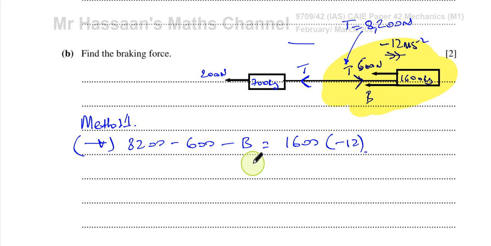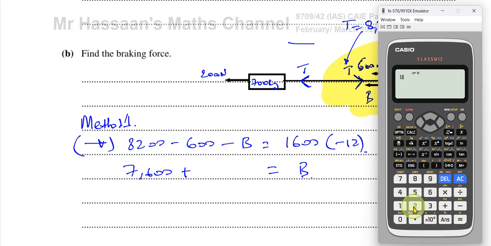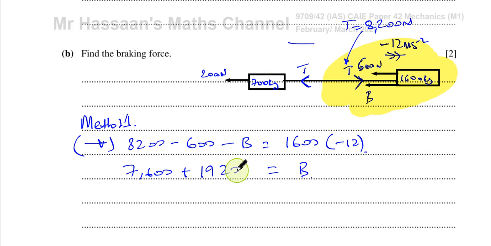As you can see, the only thing we don't know now is B. So we can say B is equal to 8,200 minus 600, that's 7,600, plus 12 times 16. Let me get the calculator out. 12 times 16 gives you 192, so plus 192 with two zeros, 19,200.